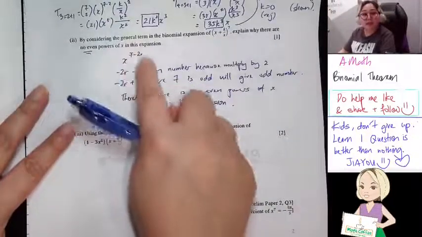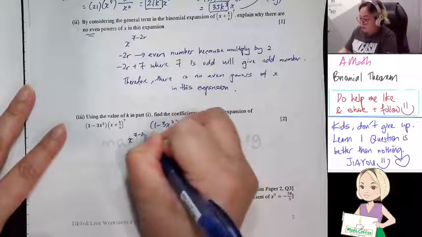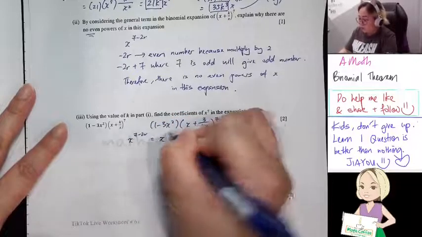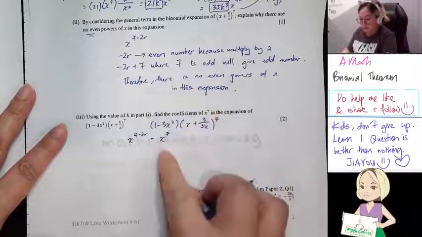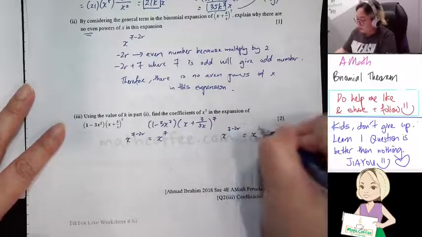I already know that I just need this, x to the power of 7 minus 2r. So you will do x to the power of 7 minus 2r equals to x to the power of 7. I need the 7. And I also need the one which is 7 minus 2r equals to x to the power of 5.